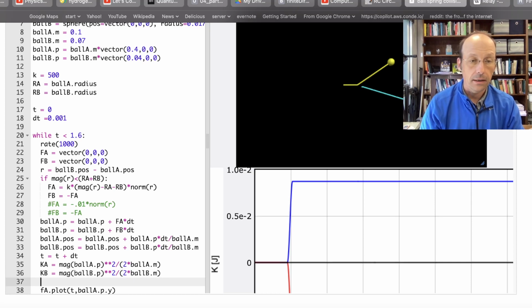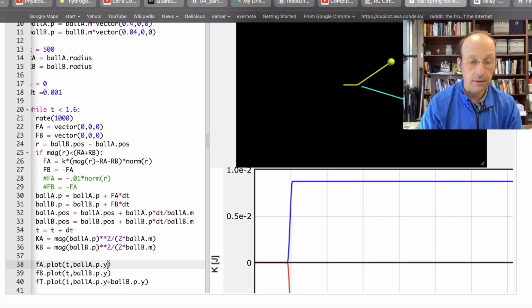And then that's fine. So now over here, I can plot. The kinetic energy is a scalar, so it's just Ka, Kb, Ka plus Kb.